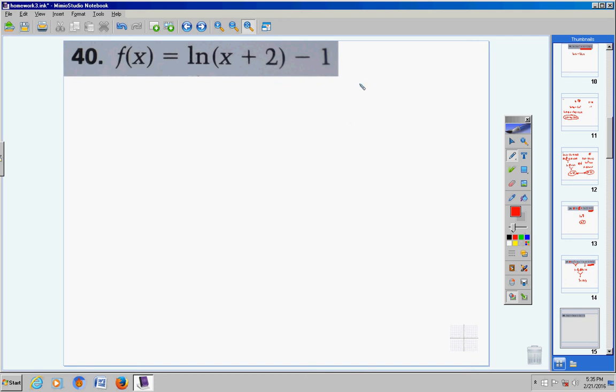Then you can type this in. Hit ln for natural log, then parentheses, x plus 2, parentheses, then negative 1. Now I'm going to go ahead and type that in quickly. Give me a second to do that. For those who do not have a grapher, no big deal, no problem. Let me just type this in, and I'll talk to you guys in a second, okay?